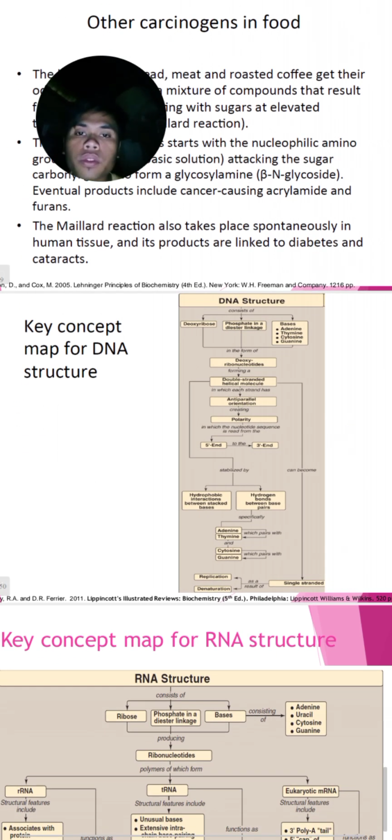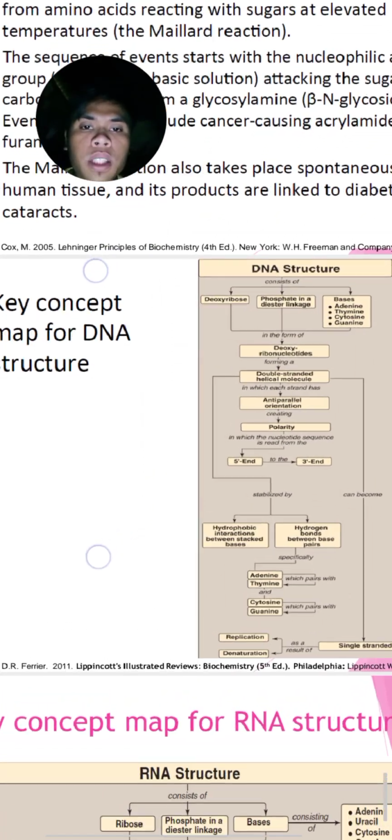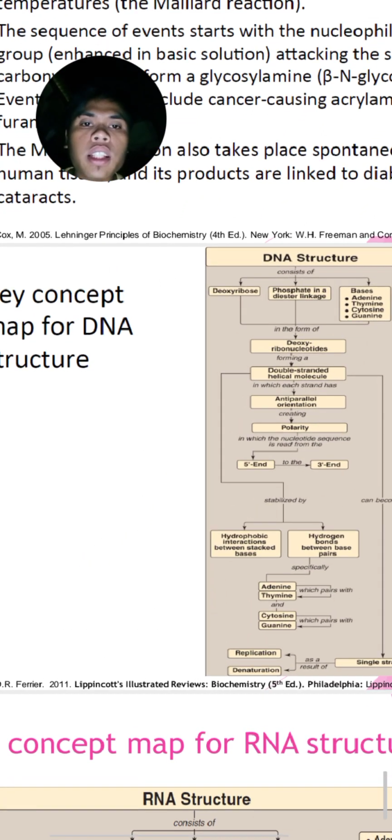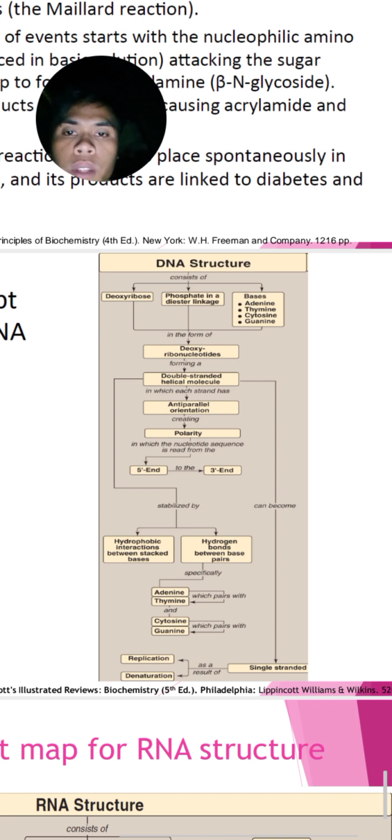So, the key concept map for DNA structure. The DNA structure consists of deoxyribose, the phosphate in diester linkage, and bases: adenine, thymine, cytosine, and guanine. The phosphate in diester linkage forms the deoxyribonucleotides.